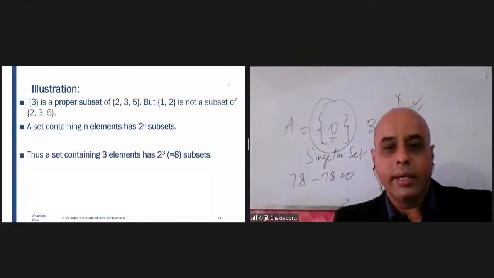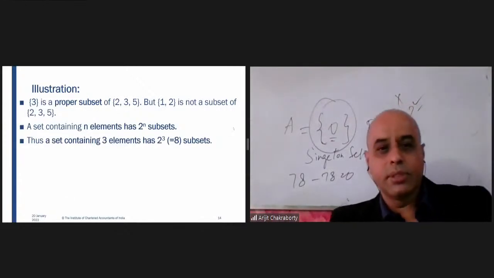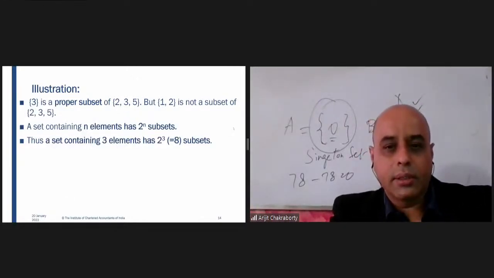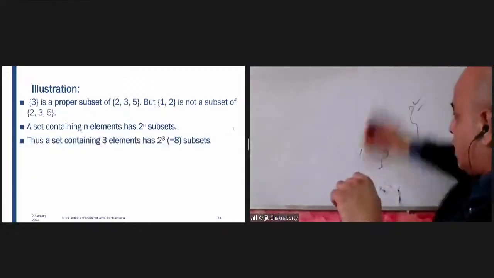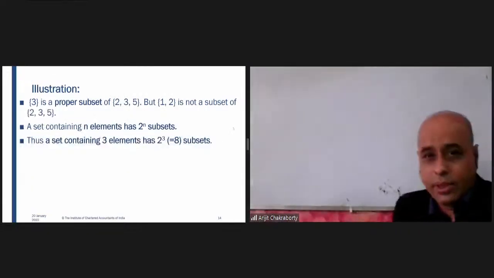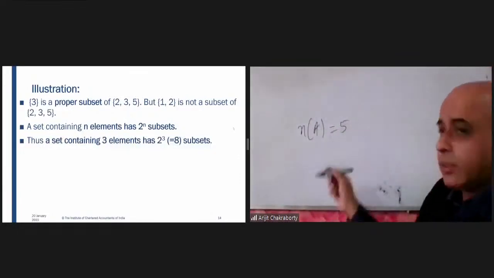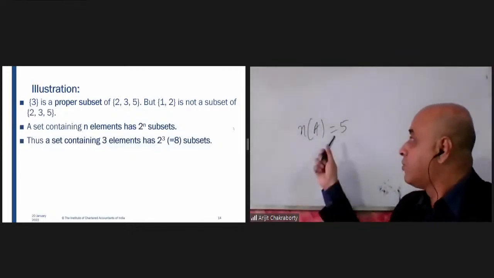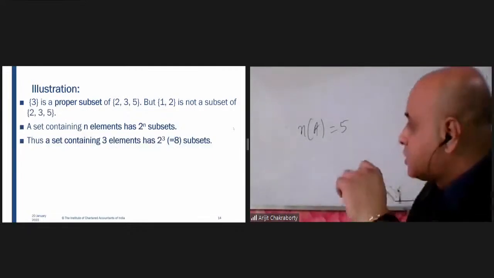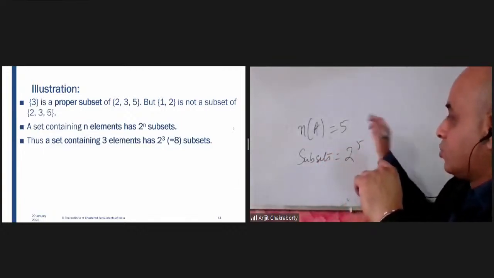A set containing n elements will always have 2 to the power n subsets. This type of question comes in the exam. If a set has 5 elements, how many subsets will it have? If the number of elements in set A is 5, the number of subsets will be 2 to the power 5, 2 to the power n.